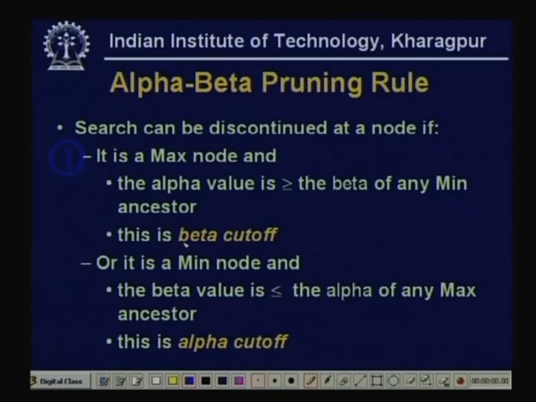This is called beta cutoff. The other case which we just discussed is if we have a min node and its beta value is smaller than the alpha value of any of its max ancestors, then also search can be cut off. This is called alpha cutoff. Okay.